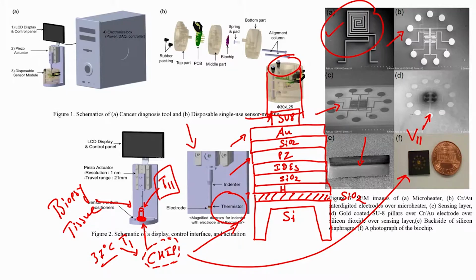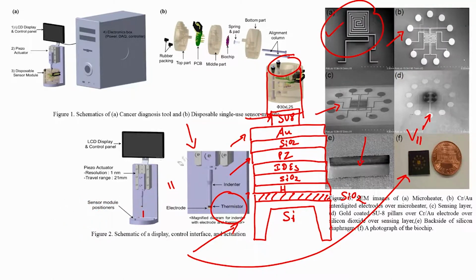So, now I can measure elasticity or mechanical properties, resistance or electrical properties, and change in temperature or thermal conductivity of the tissue. All three properties I can measure with the help of a microfabricated biochip for measuring the ETM properties of tissue, or phenotyping of the tissue.